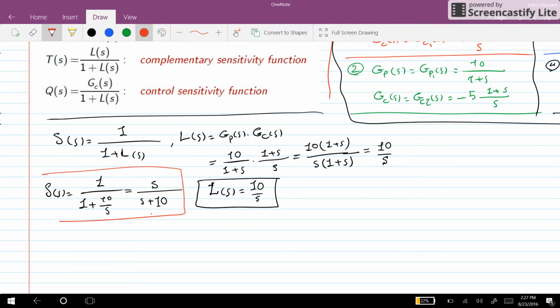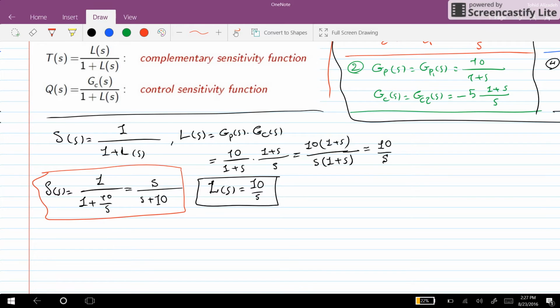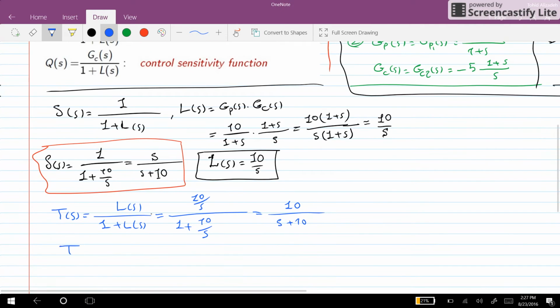So this is what we get for the sensitivity function S of S. Then for T, we have L over 1 plus L, the loop transfer function divided by 1 plus loop transfer function, and we will get 10 over S over 1 plus 10 over S, which will result in 10 over S plus 10. So therefore, T is equal to 10 divided by S plus 10.